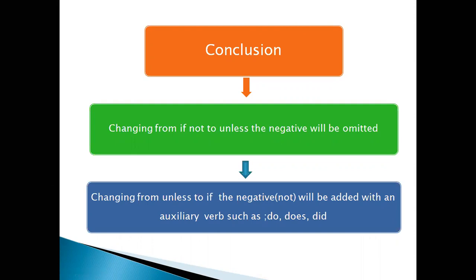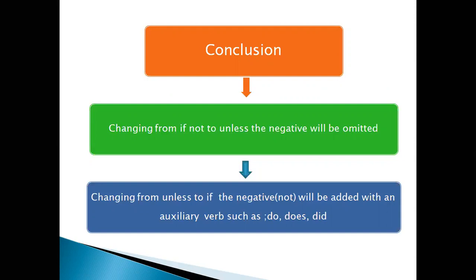Conclusion number one: changing from if not to unless, the negative will be omitted. So when we want to change from if not, we have the negative not. When we change to unless, we will omit the negative form. But when we want to change from unless to if, the negative not will be added, for sure, with an auxiliary verb such as do, does, did, in simple present or simple past.